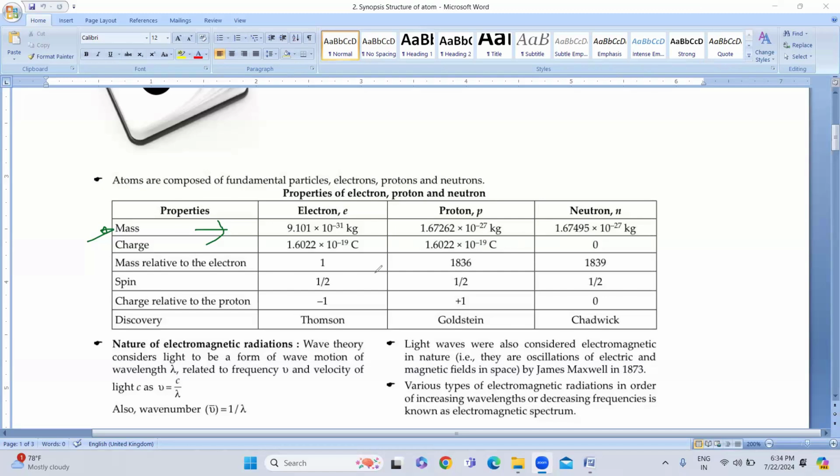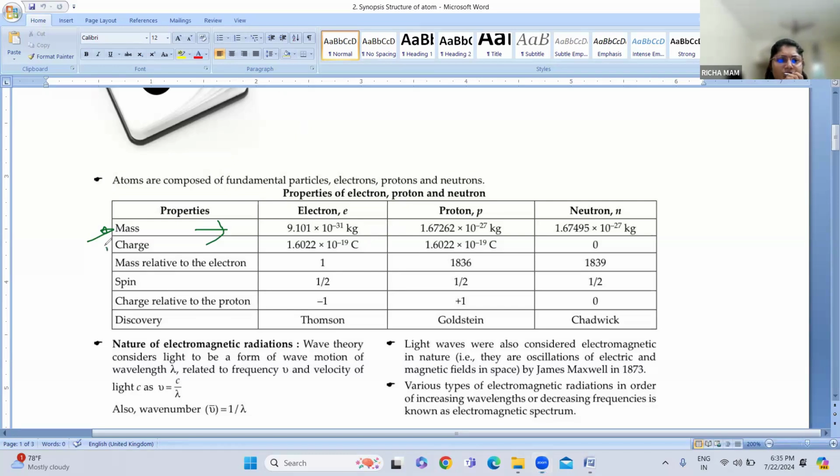C is nothing but coulomb, which is the unit of charge. The charge of the proton is 1.60 into 10 raised to minus 19 coulomb. And the charge of the neutron is 0. Neutron is a neutral particle.